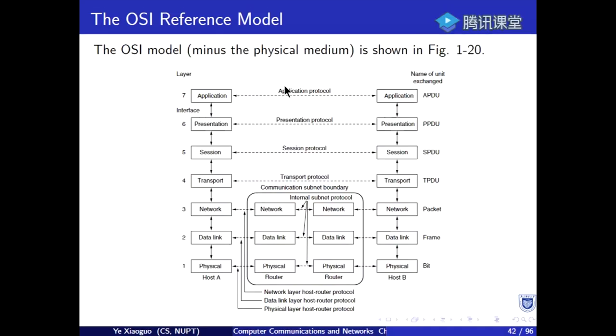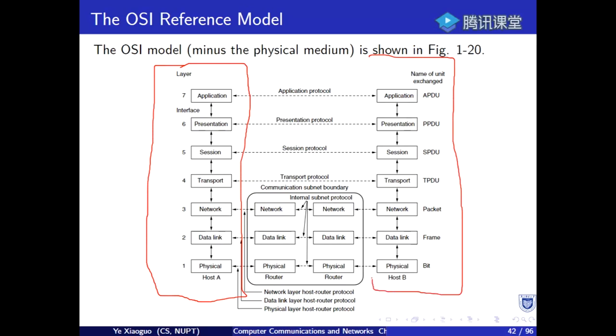That means, for example, in the system we have this protocol stack, and on other machines we have a protocol stack, layer 1, 2, 3, 4, 5, 6, 7.